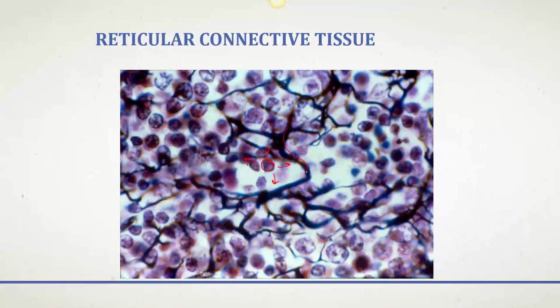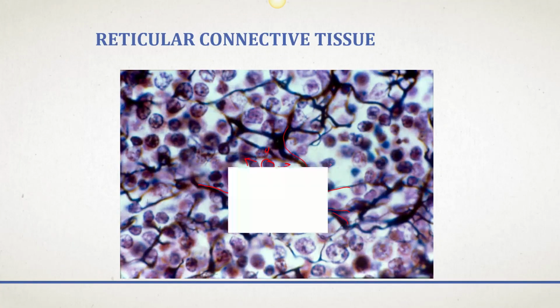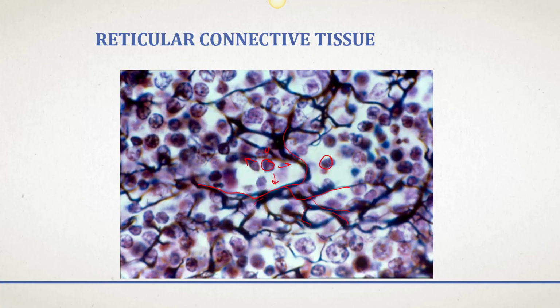And here you can see the reticular fibers. And this external matrix makes up a majority of the space of the tissue. So you have these cells, and the cell type is a fibroblast. And those fibroblasts are going to spray out matrix.